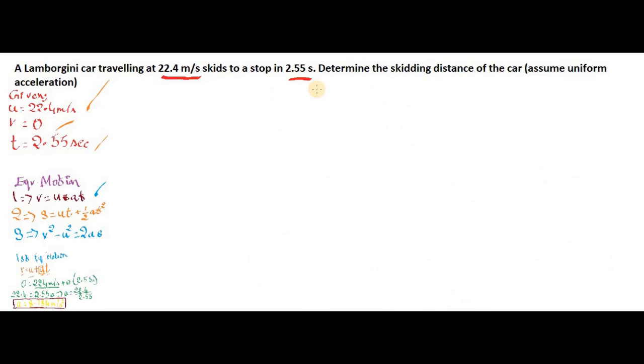Now to solve the next part of the question, we should again use our keys to unlock the doors, that is nothing but the equations of motion. From this part we can use the third equation of motion here.